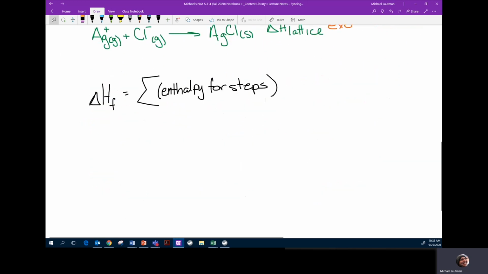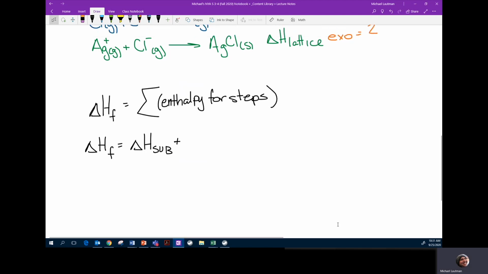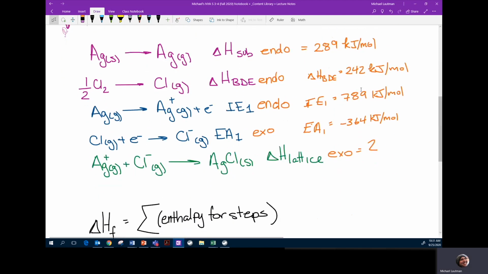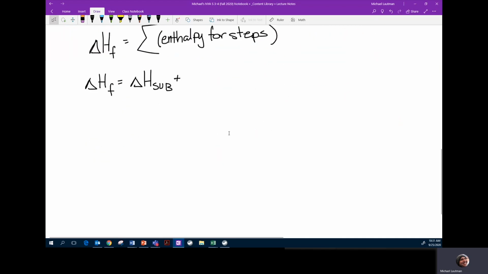The enthalpy of formation is equal to the delta H of sublimation for silver, plus the bond dissociation energy for chlorine. But we have to be careful, because that term refers to Cl2 going to 2Cl, so we need half of the bond dissociation energy.